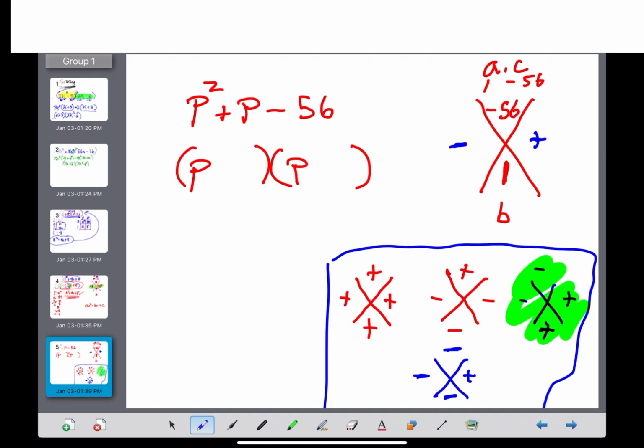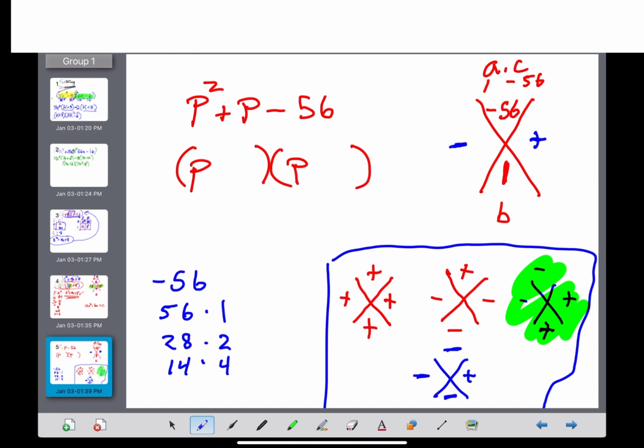Now understand, they have to multiply to be negative 56. So we go through the factors of 56. We've got 56 times 1. 56 divided by 2 is 28. I think 4 goes into it. 4 times 14 is 56.